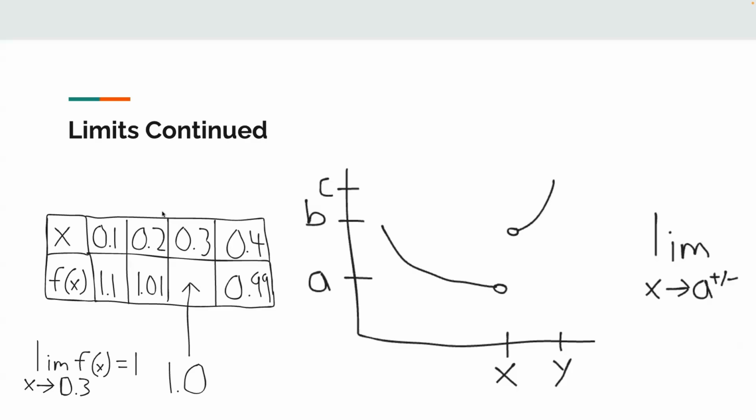I know I included limit as x approaches a; that was just a typo. It should be the limit as x approaches x here. So just go from the left, see what value it approaches from the left, and then for the right, see what value it approaches from the right. As you can see, they don't have to be equal.